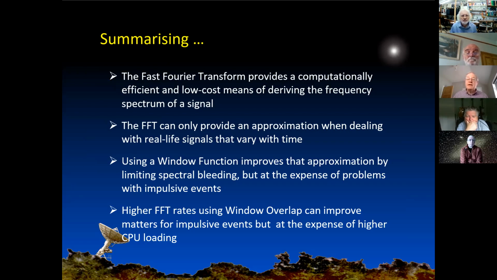But it can only provide an approximation when dealing with real life signals. We talked about the window function that improves that approximation, but at the expense of problems with impulsive events. And by using window overlap and a higher FFT rate, you can improve the situation. So I wonder if there are any questions.